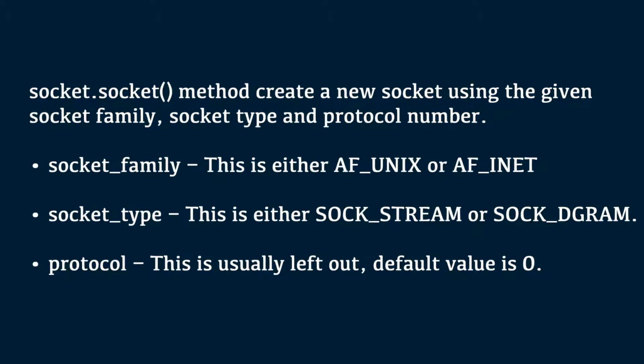Socket.socket method creates a new socket using the given socket family, socket type and protocol number. Socket family, this is either AF_UNIX or AF_INET. Socket type, this is either SOCK_STREAM or SOCK_DGRAM, that is datagram. Protocol, this is usually left out, default value is 0.